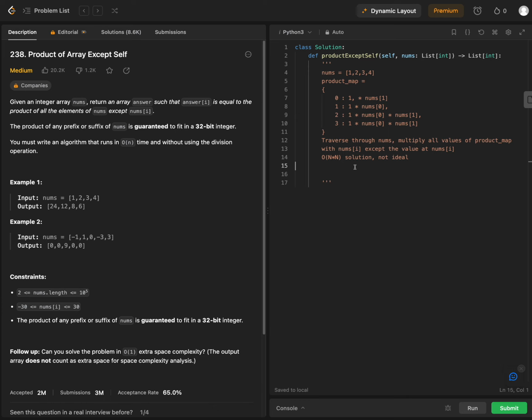Well, essentially we could also have an additional array. So let's say a product array, and we initialize this to 1 1 1 1, and then each time you multiply the entire array by nums I. So solution 2, right?